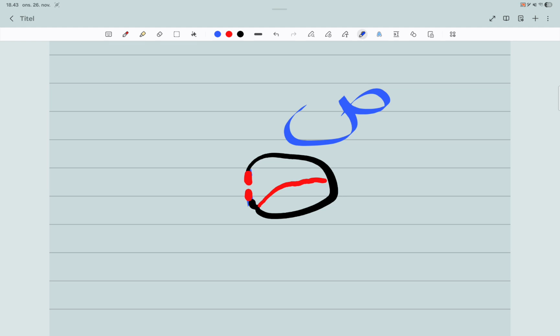So if you have placed the tip of your tongue just beneath the lower teeth and you try to have the middle of your tongue just in the middle of your mouth, and then you say sad, sad.